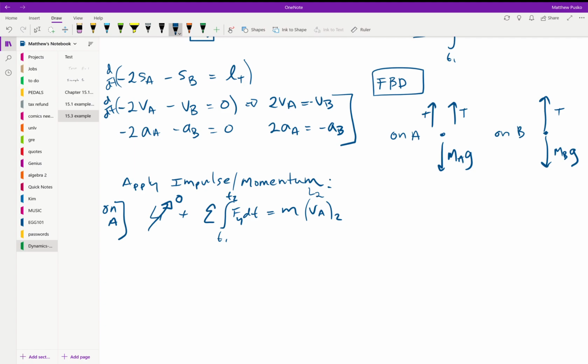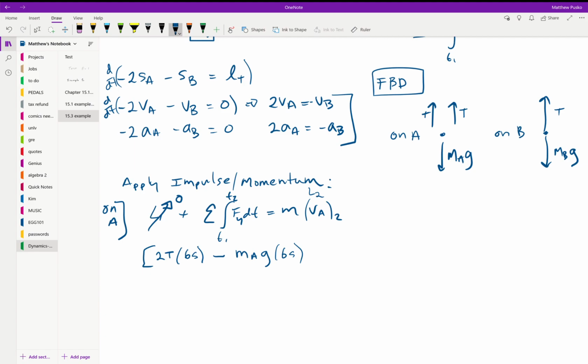Well, if I look at all my impulses, this will be my summation of all my impulses. On A, I have 2 tensions going up, and it's doing that for 6 seconds. I then have mass times gravity for A. It's pointed down, so I gave it a negative sign. It's also applied for 6 seconds. Anything else? Anything touching it?